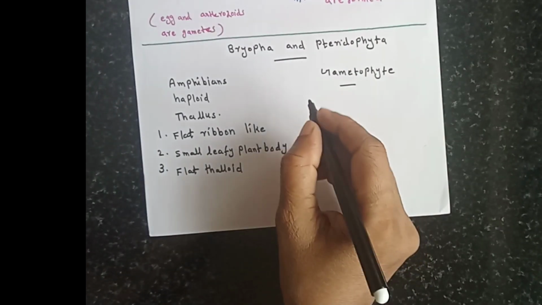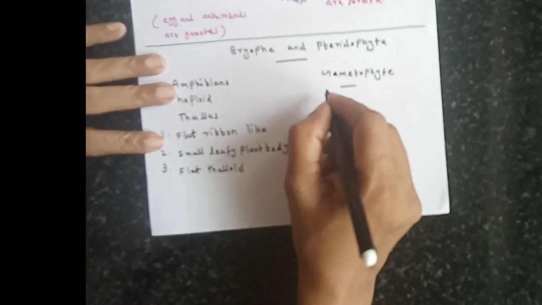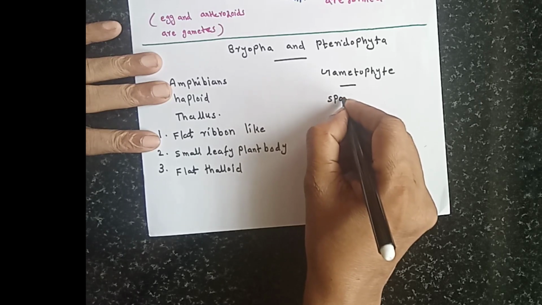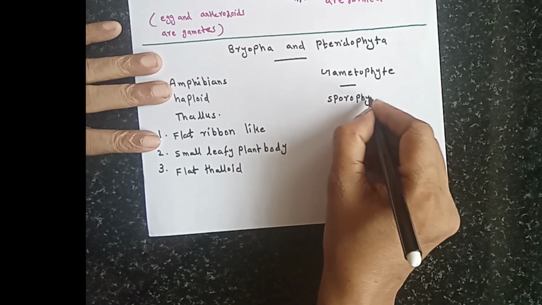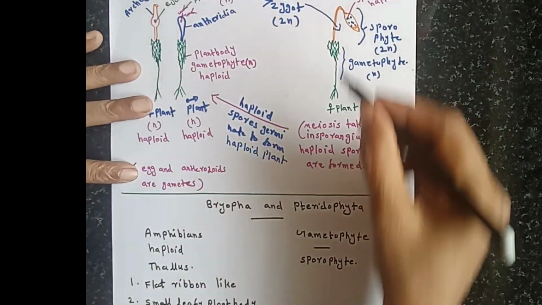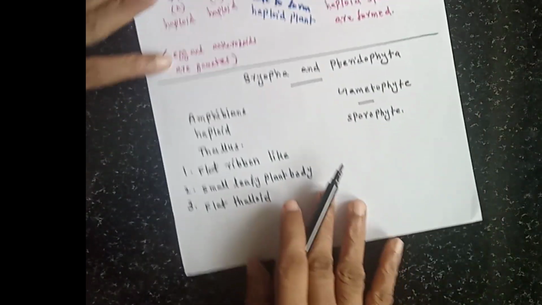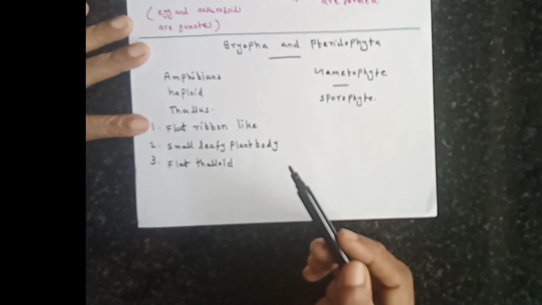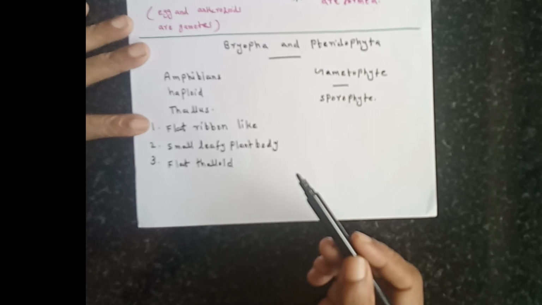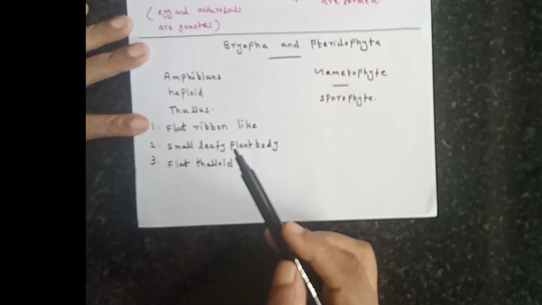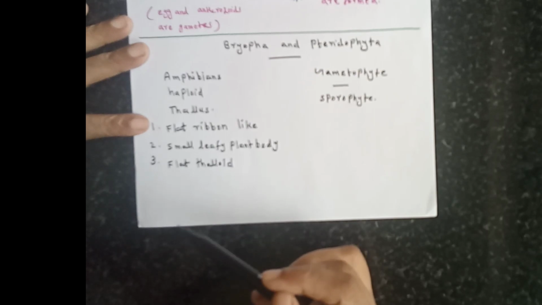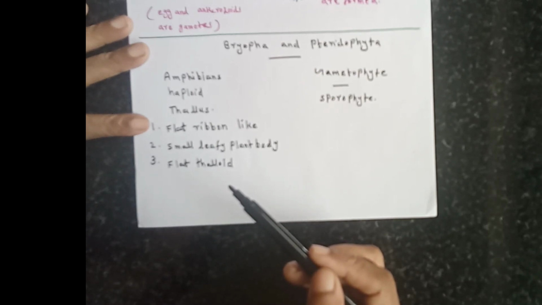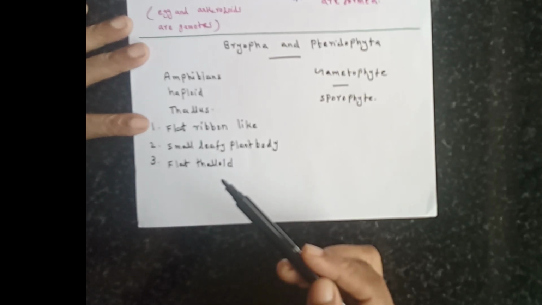Again we discuss the sporophytic stage of bryophytes. Sporophytes are diploid and semi-parasitic. Anthrozoids and egg cell fuse to form a diploid zygote. This diploid zygote develops as the sporophytic part. So this sporophytic part is diploid and semi-parasitic.